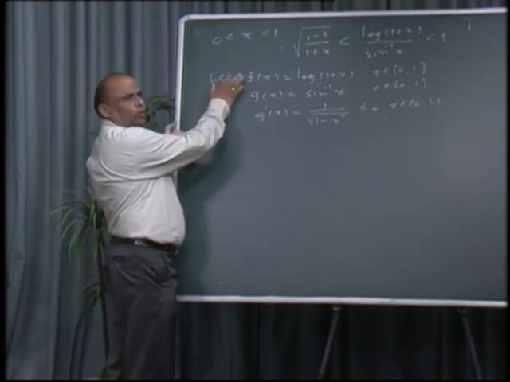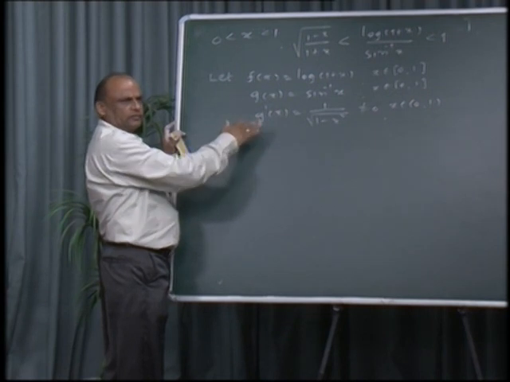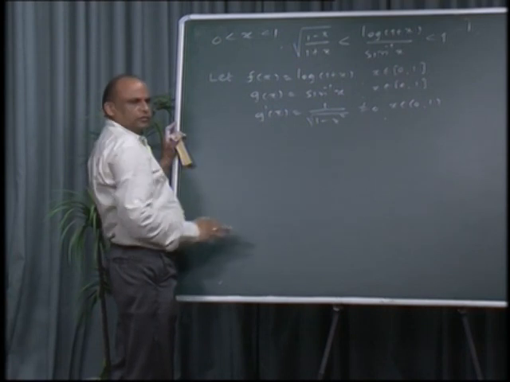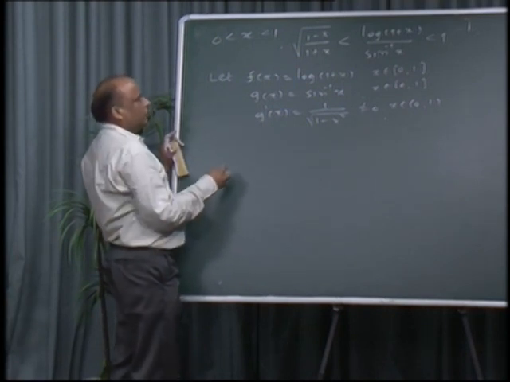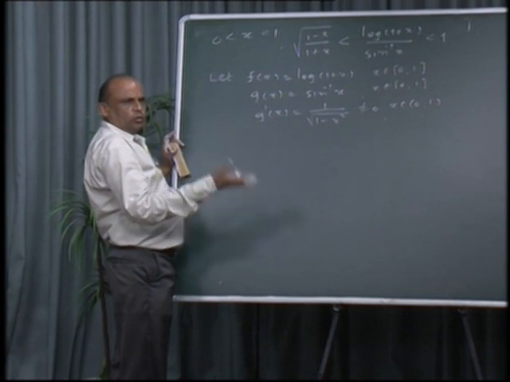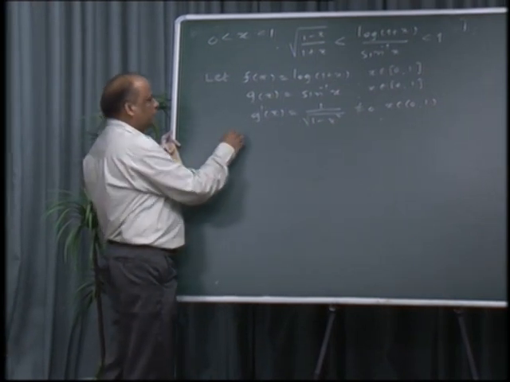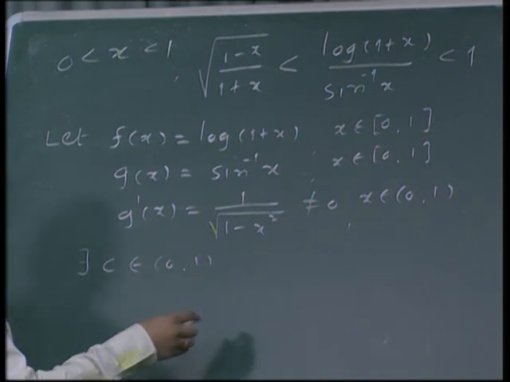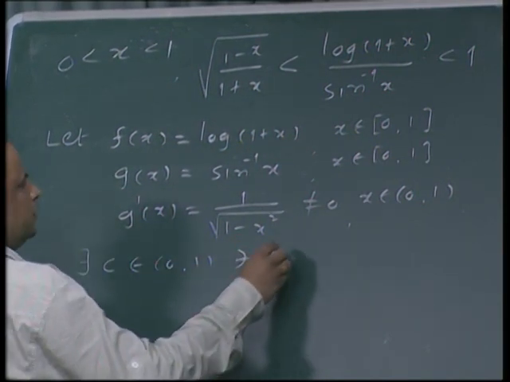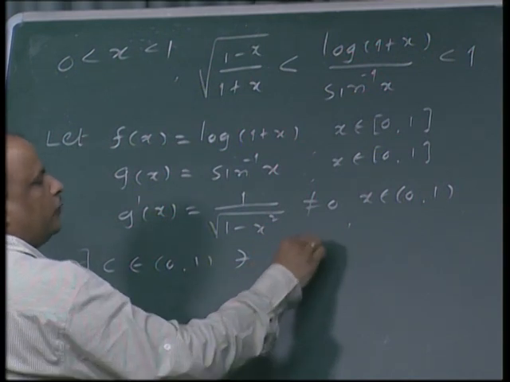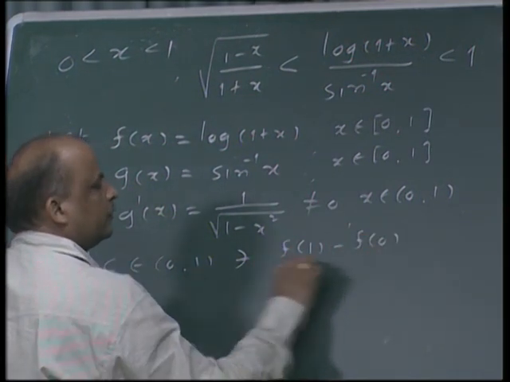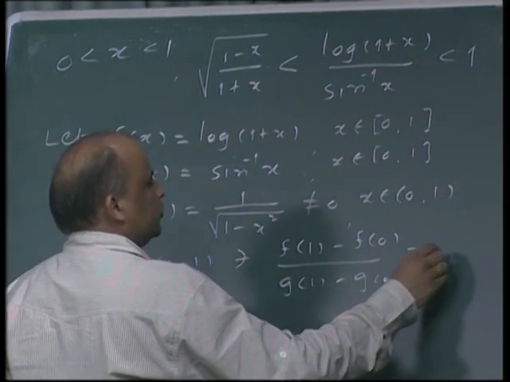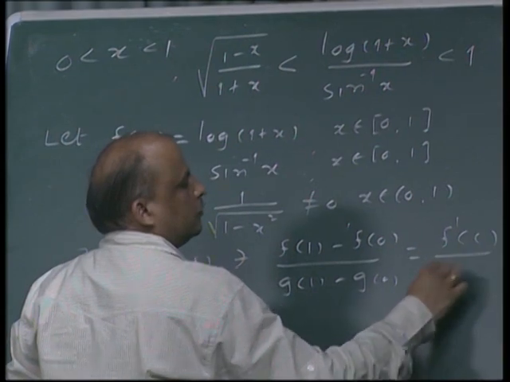Now I have all three conditions: it is continuous, differentiable, and the derivative is non-zero. Therefore, by the conclusion of Cauchy's mean value theorem, there exists at least one c in the interval (0, 1) such that (f(1) minus f(0)) upon (g(1) minus g(0)) equals f dash c upon g dash c.